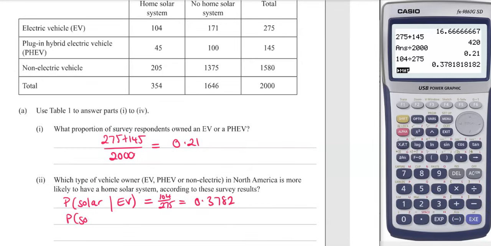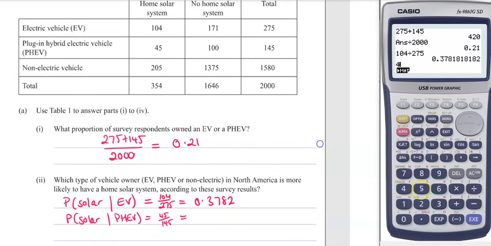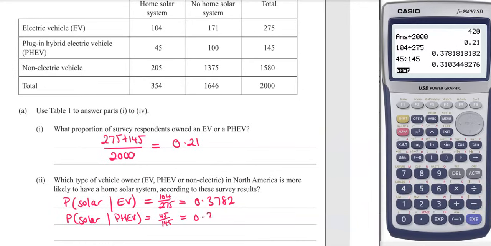And then the probability of solar if they are PHEV is 45 out of 145. So 0.3103, and the probability of solar if they are non-electric.